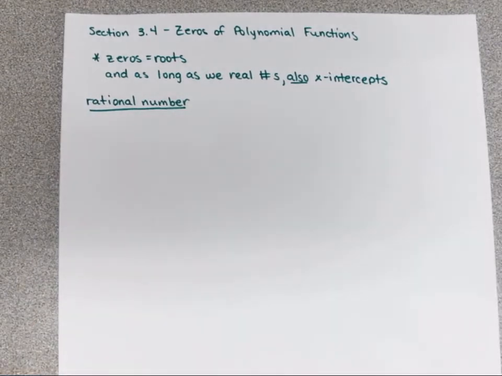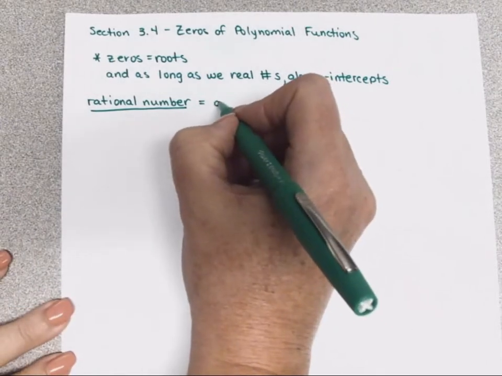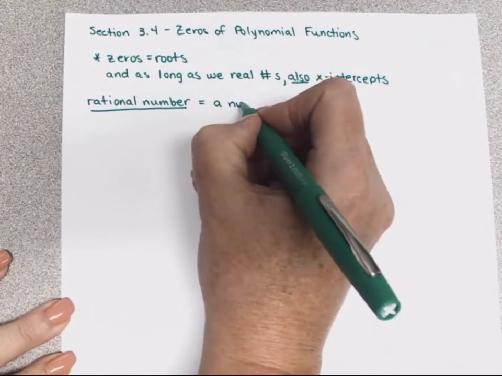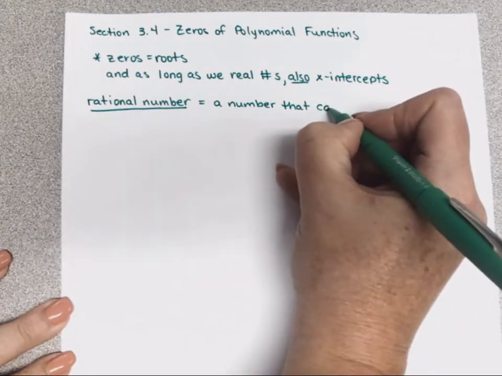Okay, so we're going to be using something called the rational zero theorem next. So first I wanted to make sure that we know what a rational number is. It's basically a number that can be expressed as a fraction.